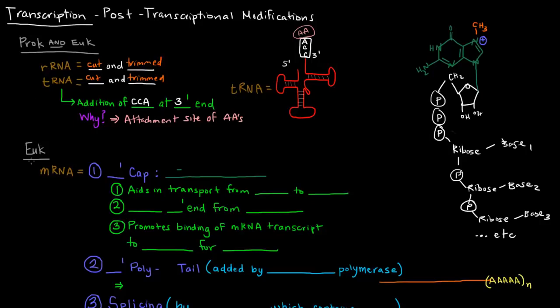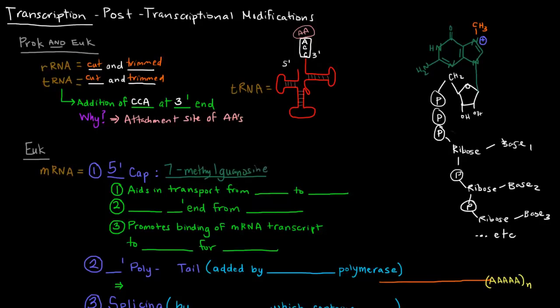Now, eukaryotes have their mRNA modified. Prokaryotes don't. So I'm going to talk about the eukaryotic mRNA modifications. The first one is the 5' cap, and the 5' cap is a 7-methylguanosine cap.